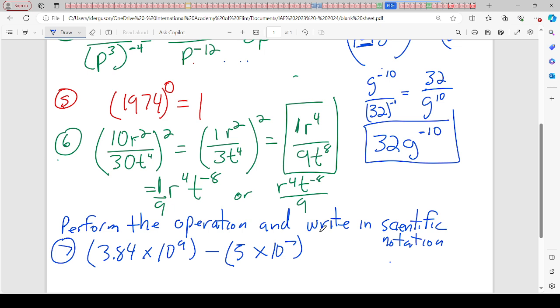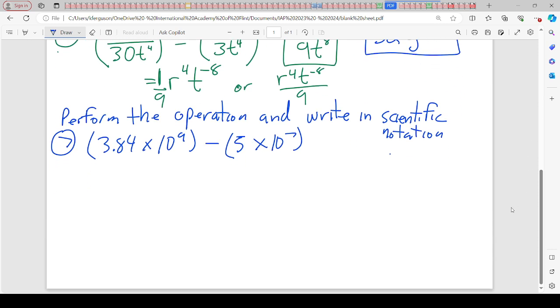Okay? My powers need to be the same. Right now, they're not. So I need to make a change so the powers are the same. So the change I'm going to make is take away two places from 10 to the ninth and make it 10 to the seventh.